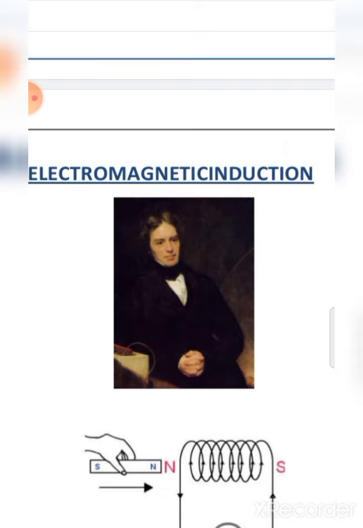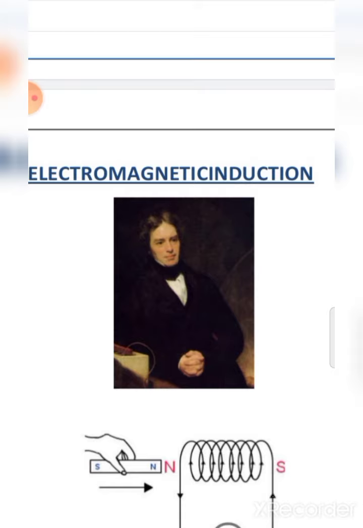First of all, let us see the definition for electromagnetic induction. Michael Faraday discovered this process. Already we studied Oersted's experiment, so the converse of Oersted's experiment is Faraday's experiment. So, what is the definition for electromagnetic induction?